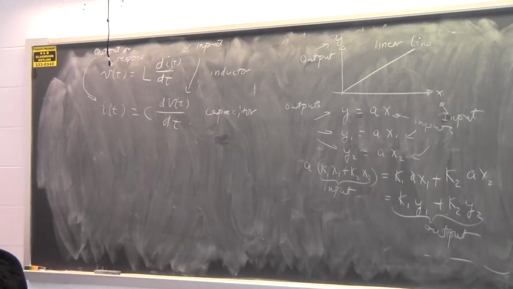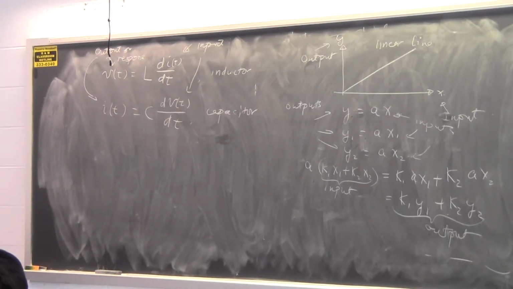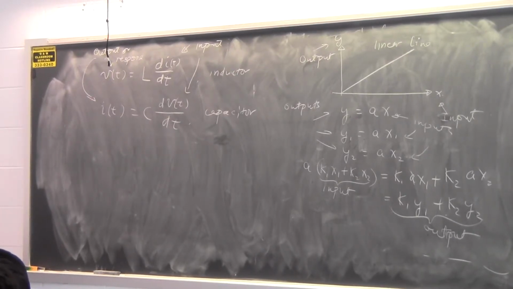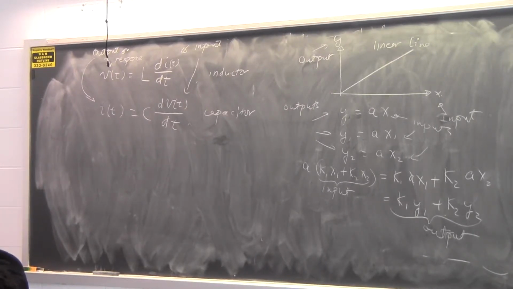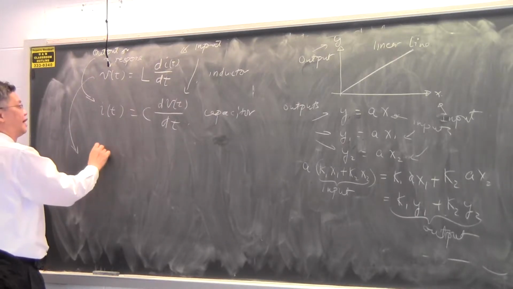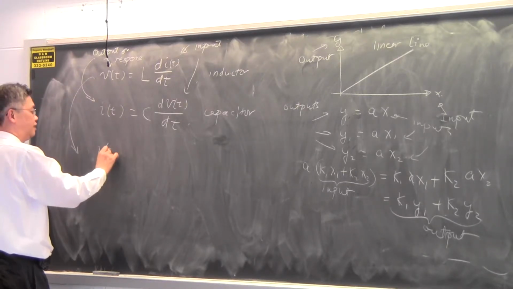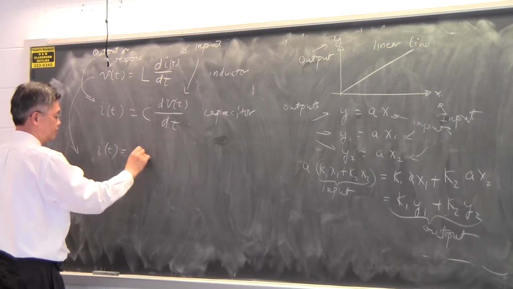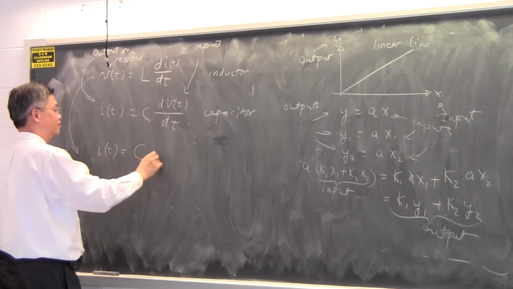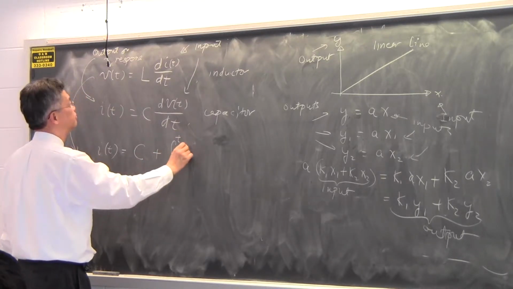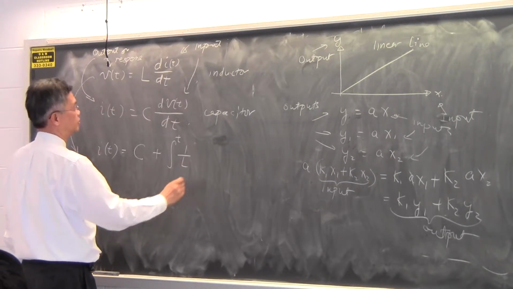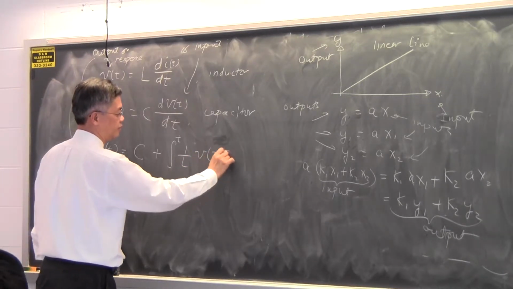We can also turn the input and output around by integrating this equation. So instead of calling my i(t) the input, I can also convert that into an output. So if I integrate this equation, I will get i(t) is equal to an integration constant, actually, plus the integration of 1 over L, V of tau d tau.